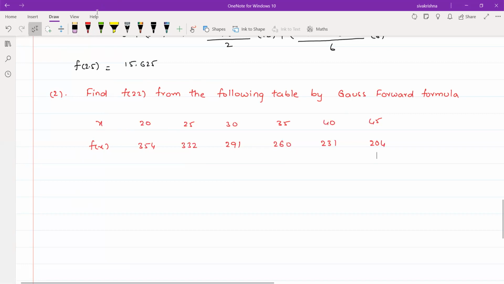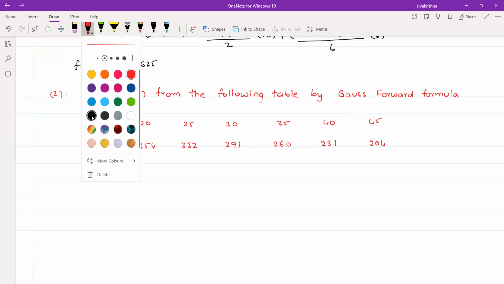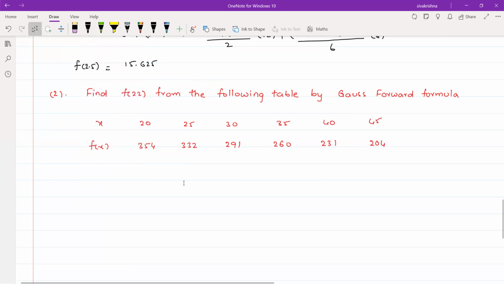So once again, after giving the table, now we have to identify x naught. We have to choose x naught from the table. Since here 22 lies between 20 and 25, we have to choose x naught either as 20 or 25. In our previous problem, I said that generally we have to choose the left side value as x naught.